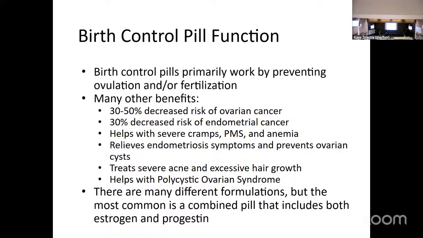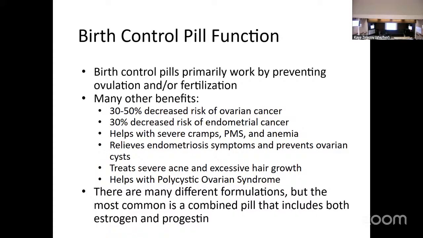So the birth control side of the birth control pill is going to be preventing ovulation usually, and maybe a little bit preventing fertilization, depending exactly what we're talking about. But there are many other benefits to the birth control pill, and it can be used to treat a number of different conditions and to treat people with specific risk factors.